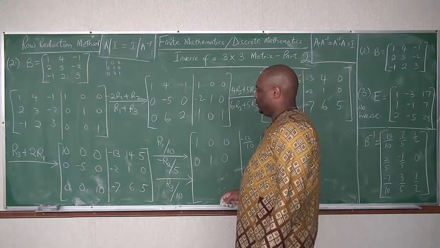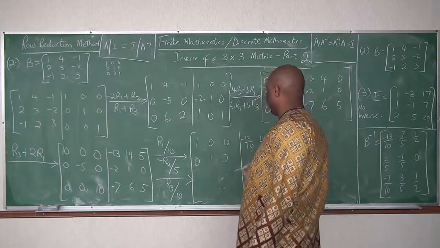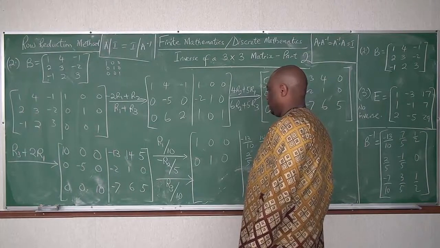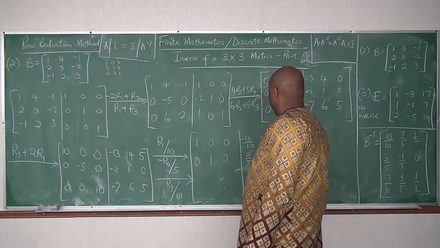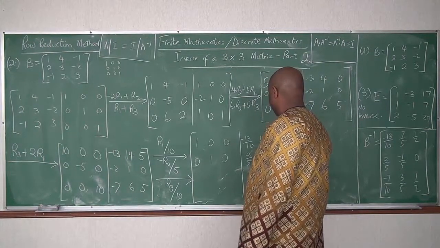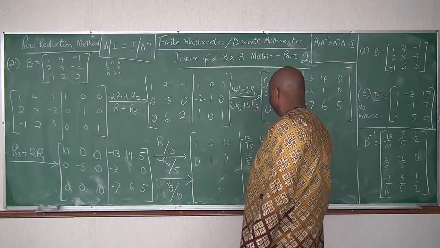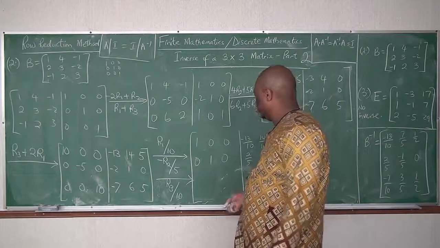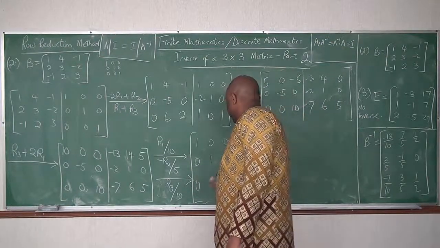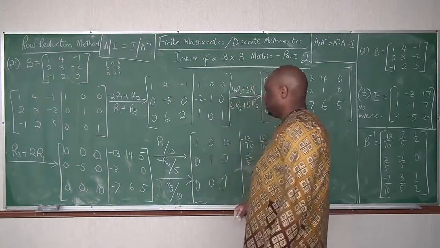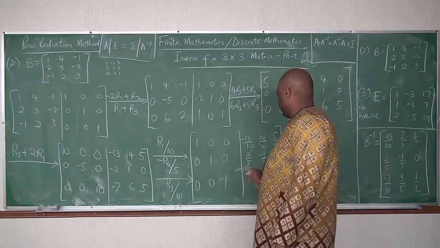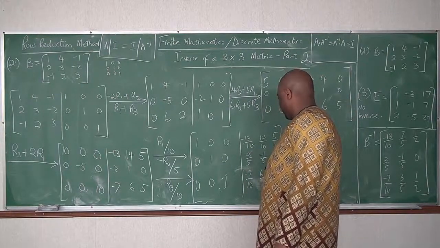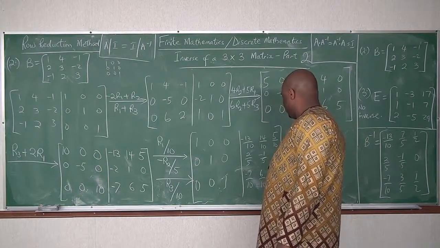Negative negative 2 is 2, 2 over 5. Then negative 1 over 5. And 0 over 5 is 0. Then 0, 0, 1. Then we have negative 7 over 10, 6 over 10, and 5 over 10.